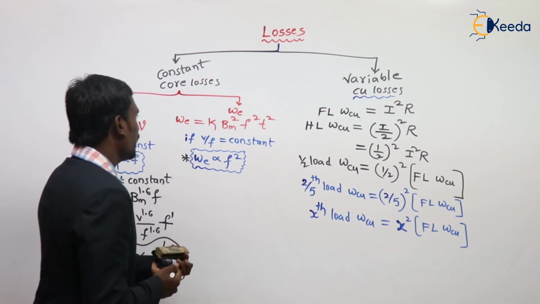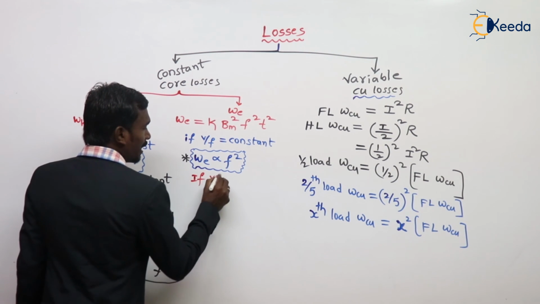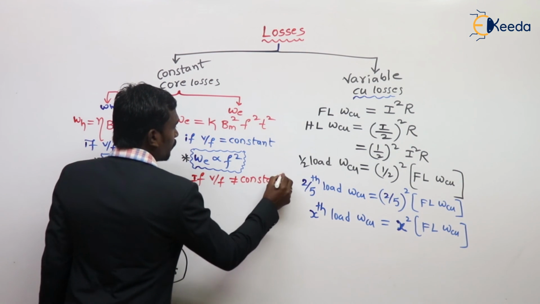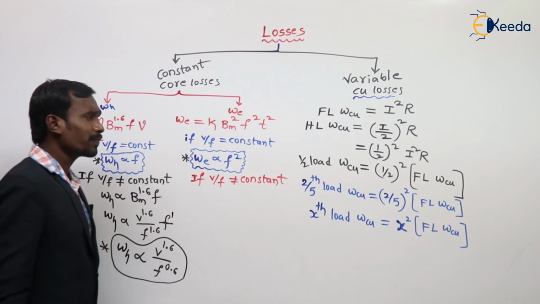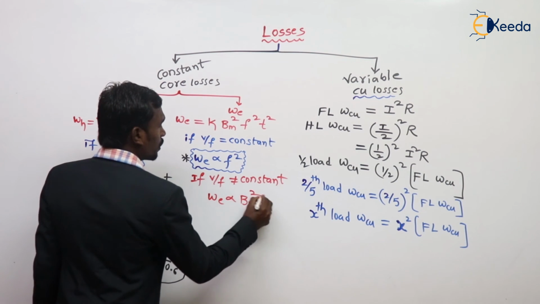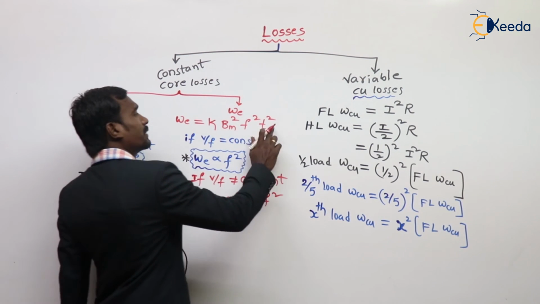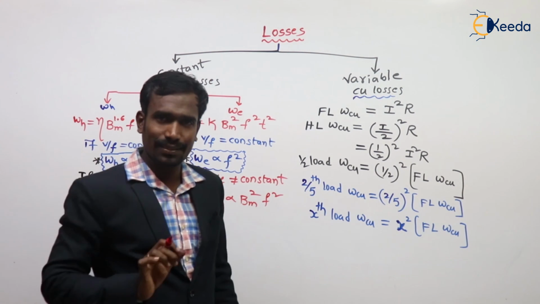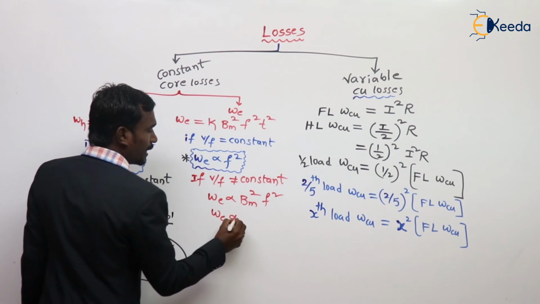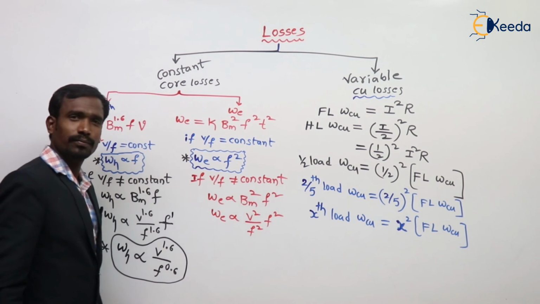For example, in eddy current losses also, when the V by F ratio is not constant, eddy current losses are directly proportional to B maximum square and F square, because K and thickness are already constant. Now tell me, eddy current losses are directly proportional to V square upon F square and F square.